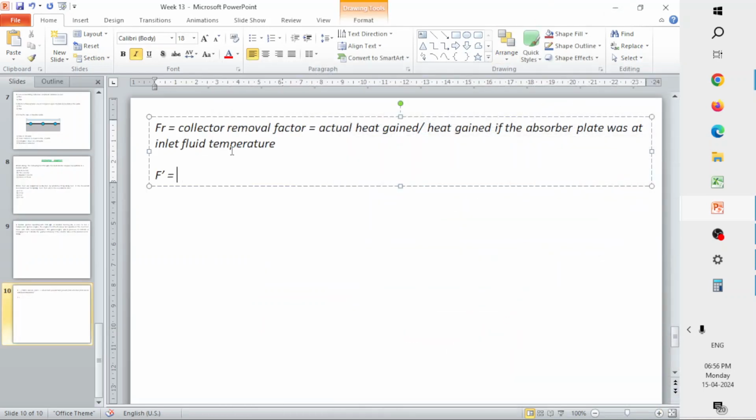So the collector efficiency factor is nothing but the actual useful heat gain to that of the heat gain if the absorber plate was at the local temperature Tf.